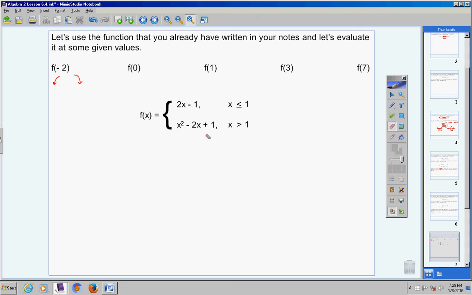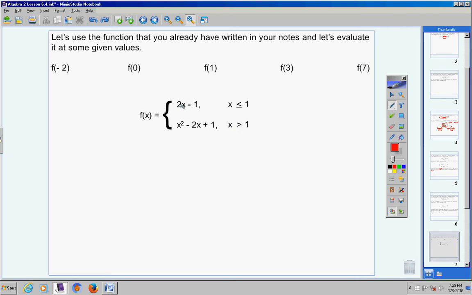So, with that in mind, we're going to get out one answer because I'm going to evaluate this function at f of negative 2. I'm not allowed to put f of negative 2 into this equation because all of my x values have to be greater than 1.